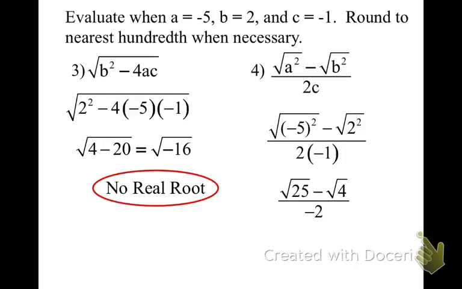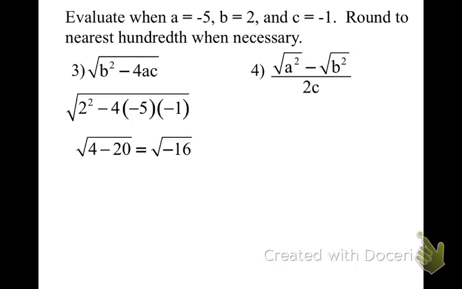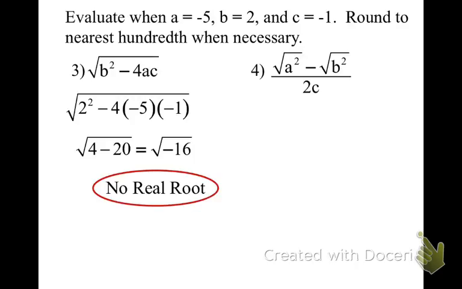Now, if we ever get, like number 3, when we're solving something, and we get to this point where we have a negative under the radical, what are you answering? It's not a real root because it's not part of the real number system. Do you understand? There is no real root for that.